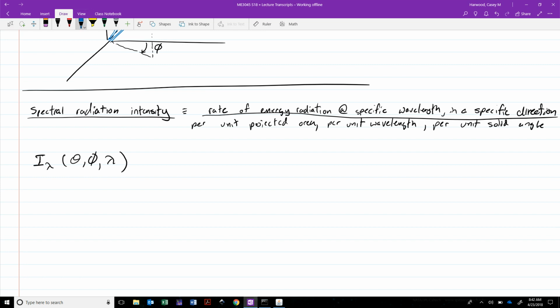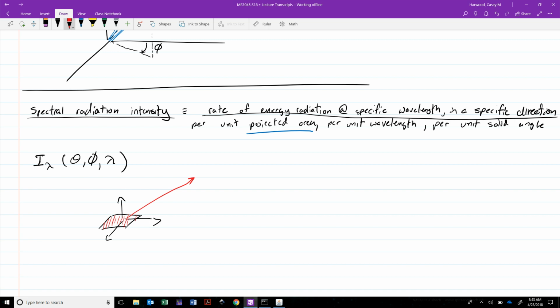So I want to pay a little bit of attention to this idea of the projected area. This is going to become important as well. So let's imagine we've got some rectangular surface right here, and we're interested in figuring out how much radiation is being shed, perhaps in this direction.